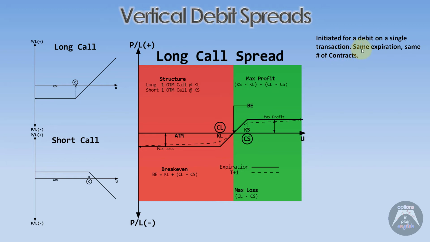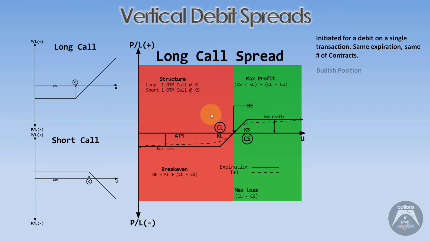It has to be the same expiration and the same number of contracts. So if you're buying 3 long calls, then you have to sell 3 short calls, and that would be a long call spread times 3. So 3 call spreads, but always the same number of contracts on the long side and on the short side, and they have to be on the same expiration. Otherwise, it would be something completely different.